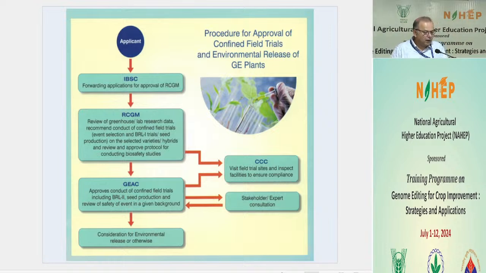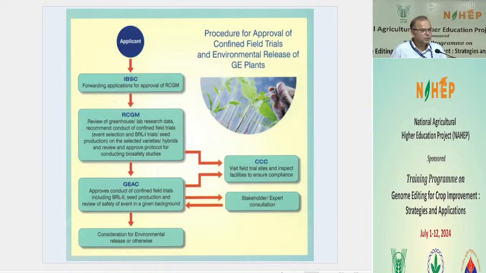Okay. Then once you satisfactorily complete the CFTs, BRL1 and BRL2, your result will be put up to GEAC, the Genetic Engineering Appraisal Committee, and then they will look into the data, they will see the promise of the material, and they will consult with the stakeholders.